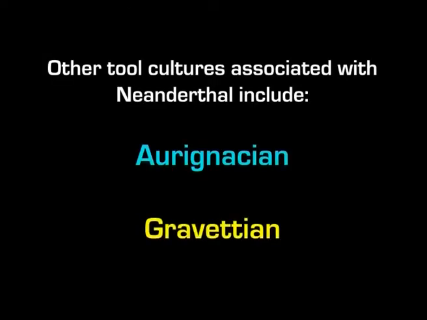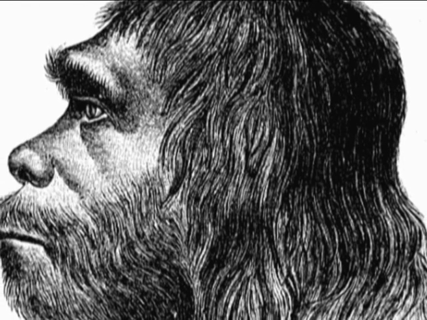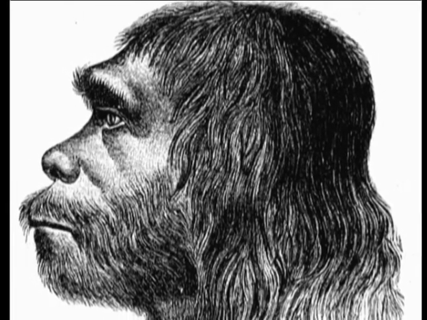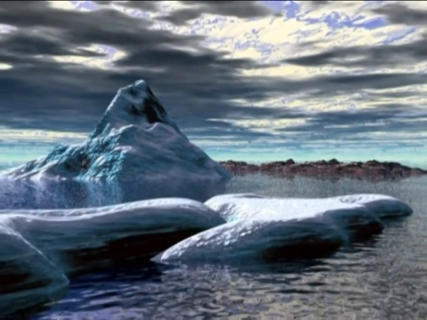Other tool cultures associated with Neanderthals include Aurignacian and Gravettian, developed with gradual continuity, not disrupted by population changes. Early Neanderthals lived in the last glacial age for a span of about 100,000 years.